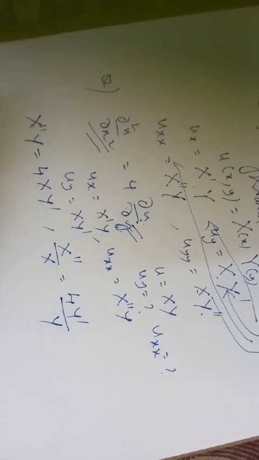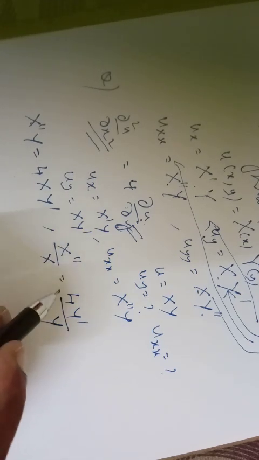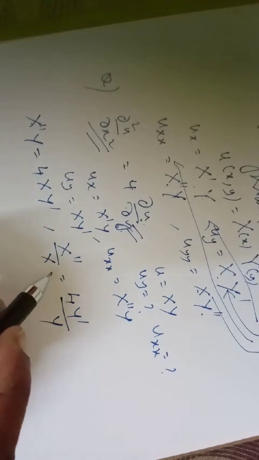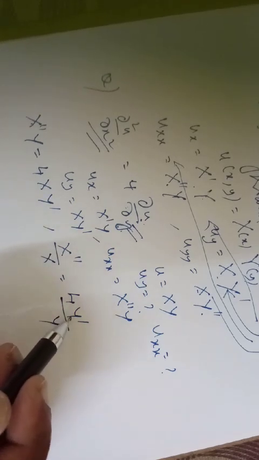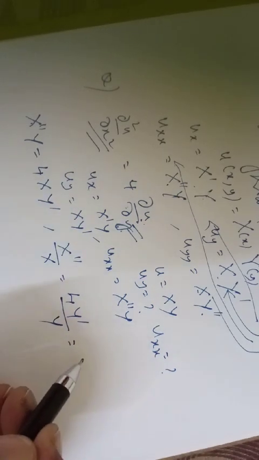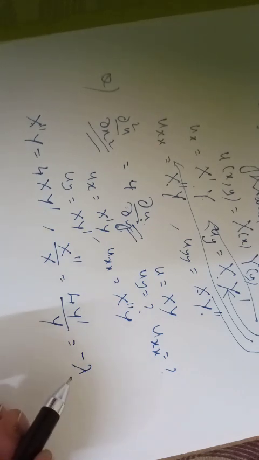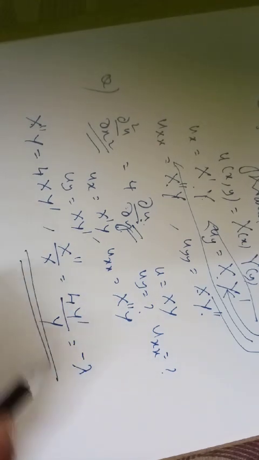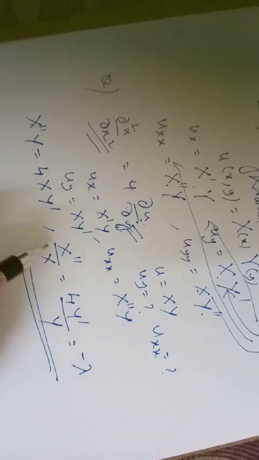When these two functions are equal, one a function of x and the other a function of y, it means it is a constant. Therefore, for convenience, we take it as minus lambda, a constant, because this is a function of y and this is a function of x.